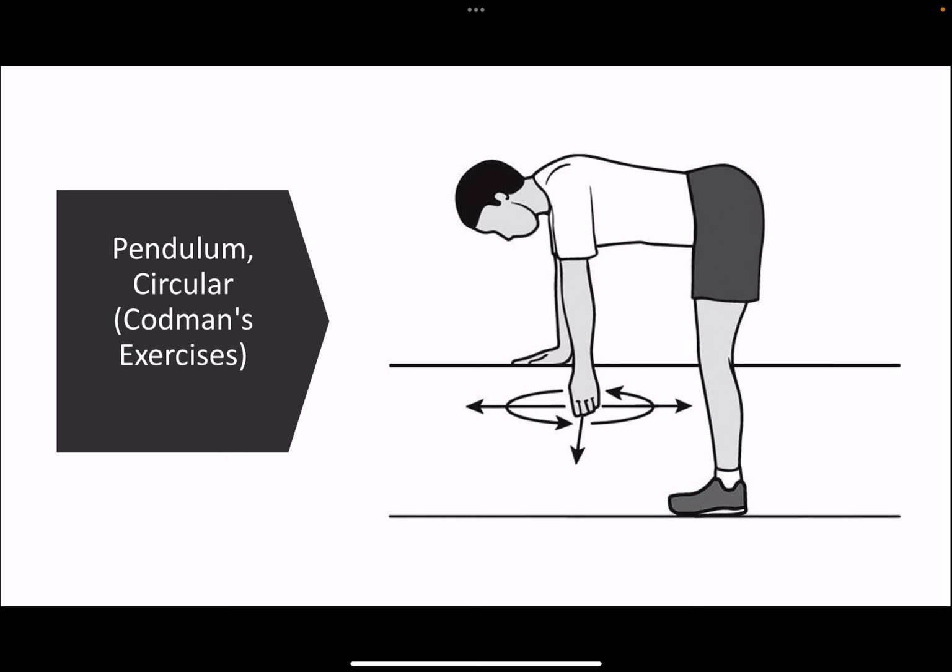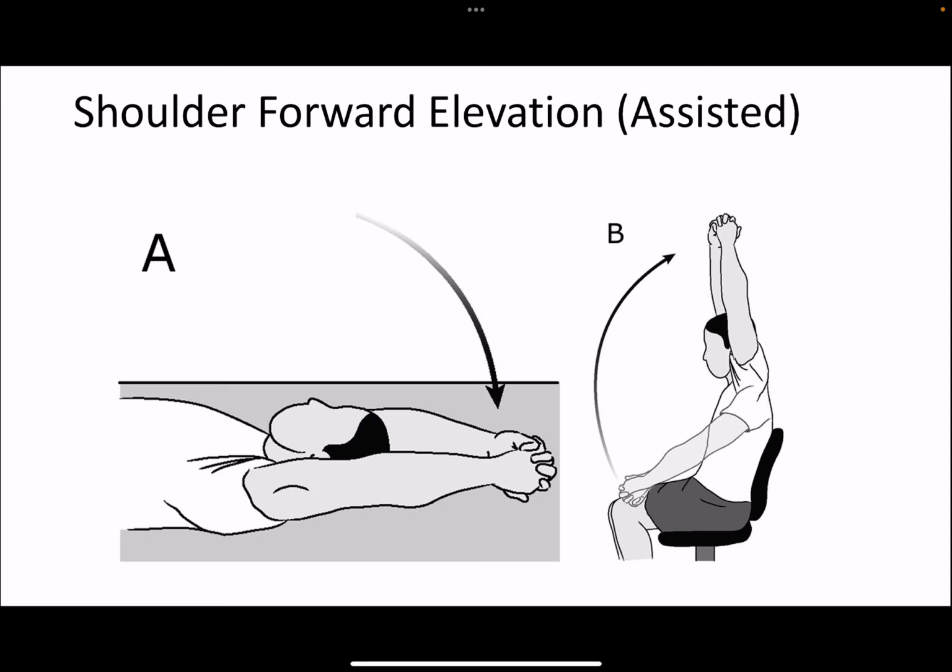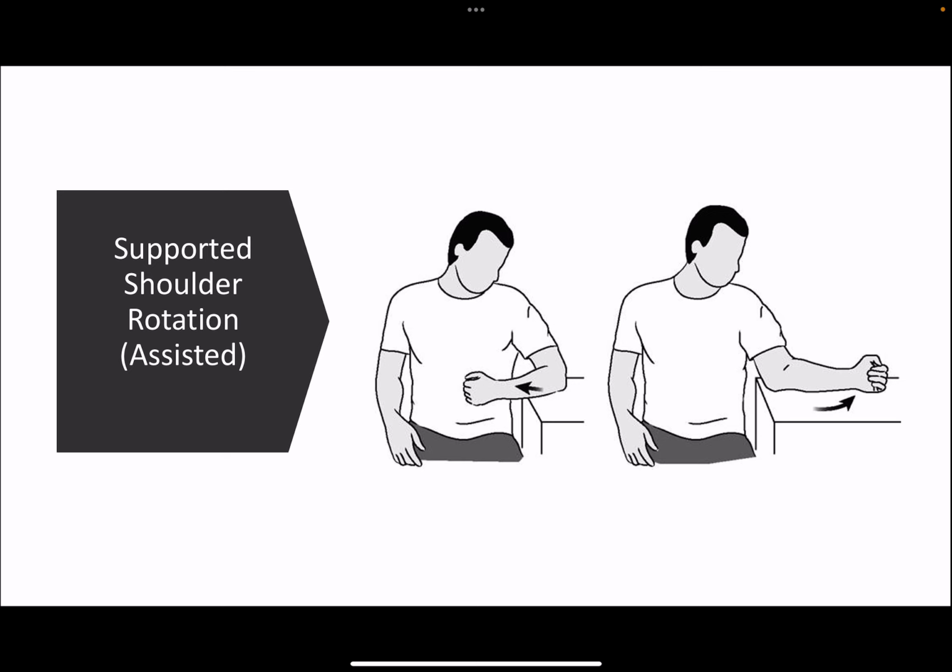Pendulum exercise, Codman exercises, circular movement here, like that. Then shoulder forward elevation but assisted. Supported shoulder rotation, his elbow rests on a table or plinth, and make internal and external rotation.